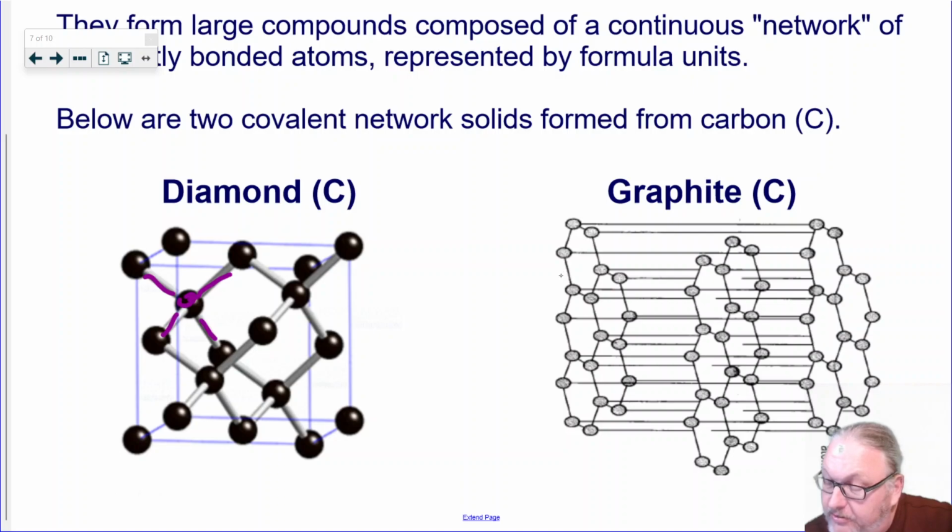So there you've got a bond on that carbon, a bond on that carbon, and then these are covalently bonded with another carbon up in here. And so you can see that these guys have totally different geometric structures, and that's why they act different. That's why diamond is so strong and graphite is one of the softest materials out there. Diamond is the hardest, right?